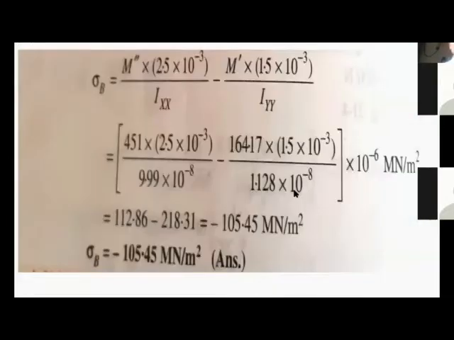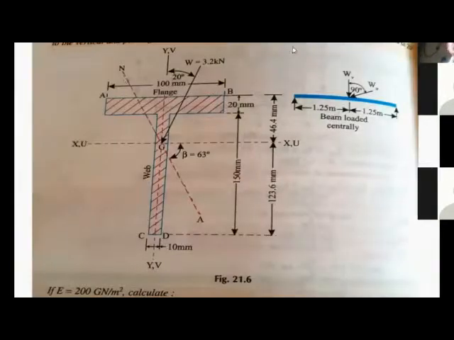So this is one problem, and another problem you can also do, a T section. Shall we take it up in the next class?